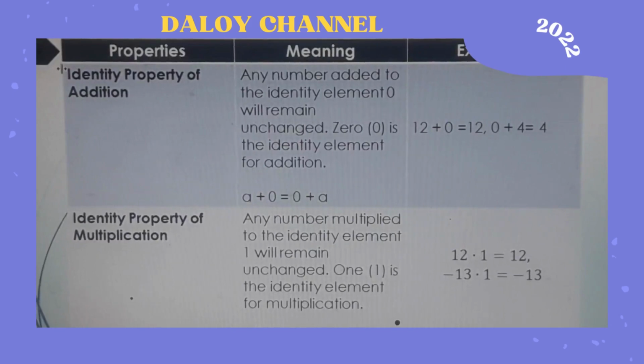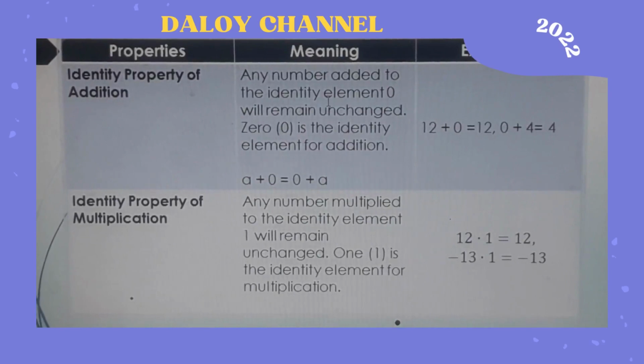Next property is the identity property of addition. Any number added to the identity element, 0, will remain unchanged. Zero is an identity element for addition.